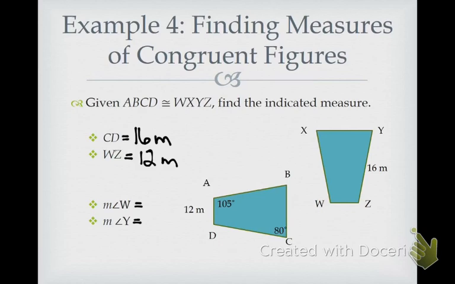Angle A, which is 105 degrees. And for angle Y, what is the corresponding angle? C, which is 80 degrees. Are you connecting that? We can use corresponding angles and sides to find unknown angle and side measurements. That's going to wrap up our lesson today and everything you need to know for section 6.4.